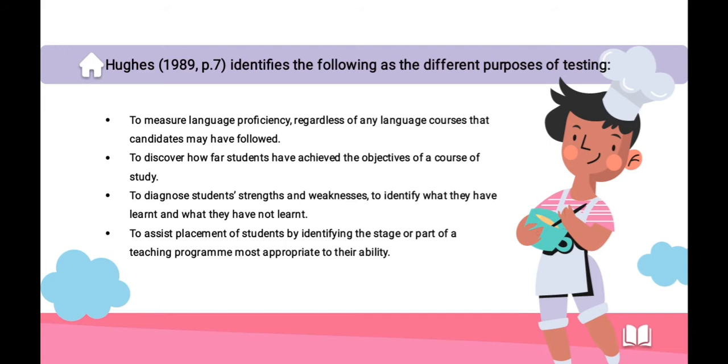To diagnose students' strengths and weaknesses, to identify what they have learned and what they have not learned. And the last, to assist placement of students by identifying the stage or part of a teaching program most appropriate to their ability.